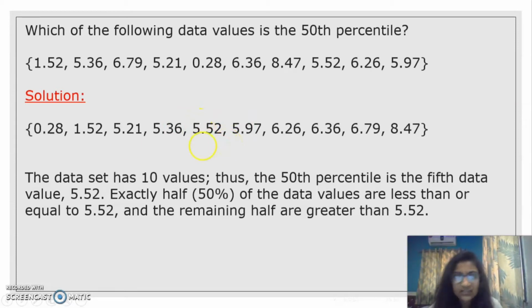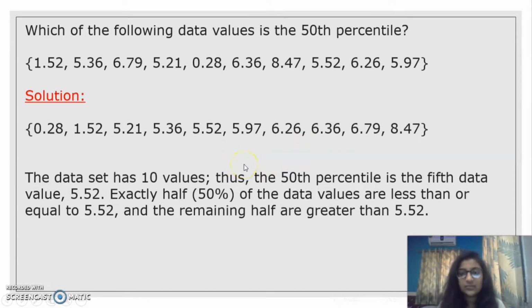If you go percentile wise, this is your 10th percentile, 20th percentile, and in that way this is your 50th percentile. So 5.52, the data set has 10 values, so the 50th percentile will be the 5th data value. As I told you, observation skills. As the data is less here, you can figure it out. When you have a large amount of data, it's difficult to figure it out, so we can make use of those formulas.